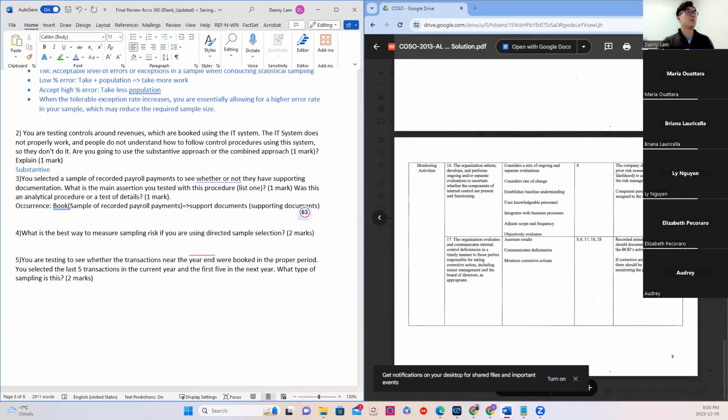Okay, so was this an analytical procedure or a test of detail? Test of detail. Okay, and why would you say that, Brianna? Analytical is more calculation based and comparisons, whereas test of detail is more like the transactions and balances. Yeah. So here would be transaction or balance.